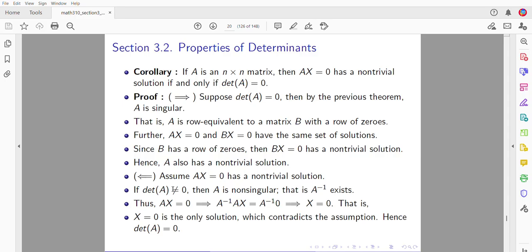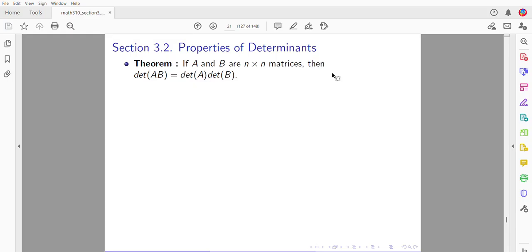Okay, so this is an important result. As long as A is a square matrix, Ax equals 0 has a non-trivial solution if and only if determinant is 0. This is an important theorem. Notice you need to have square matrices.